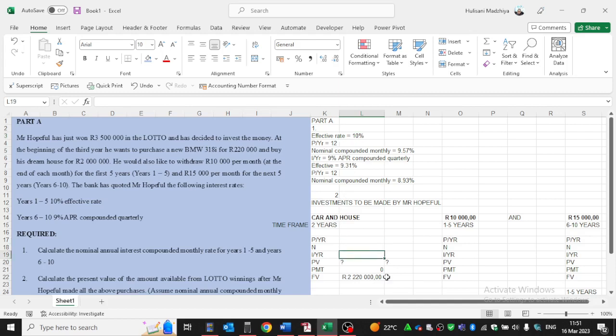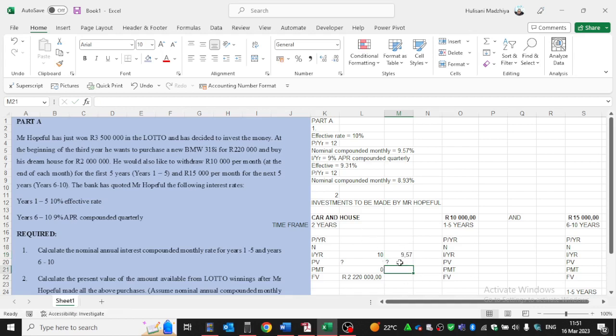So the I could be 10%, or since his account is compounded monthly, his interest will be set to 9.57. So this could be another interest that you could calculate to get the present value.